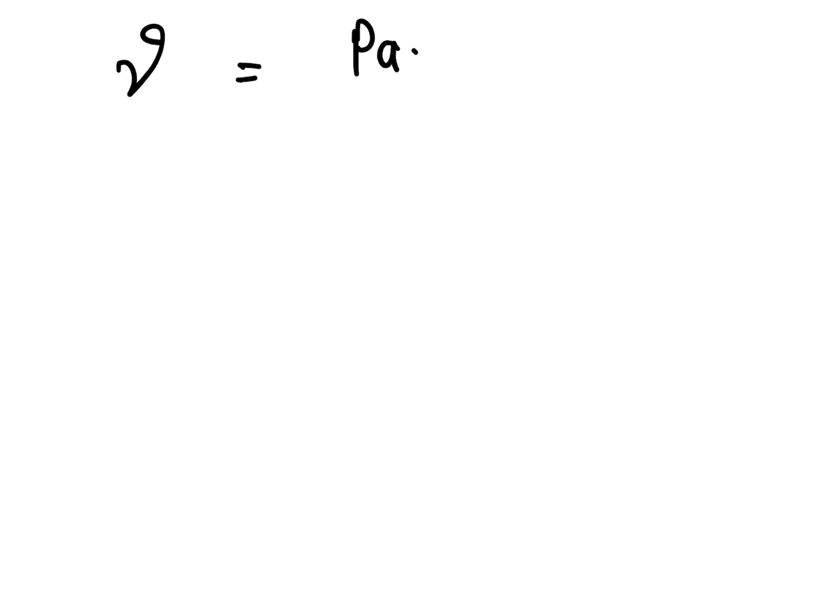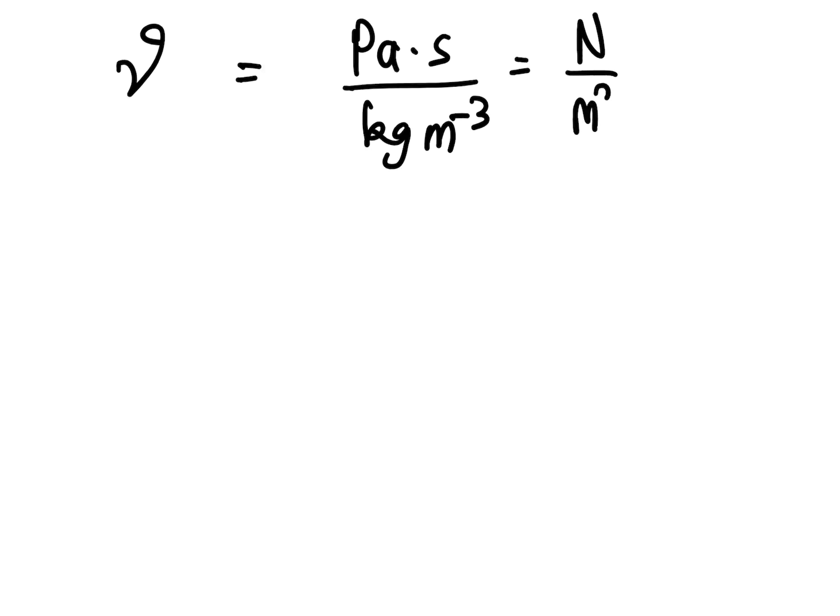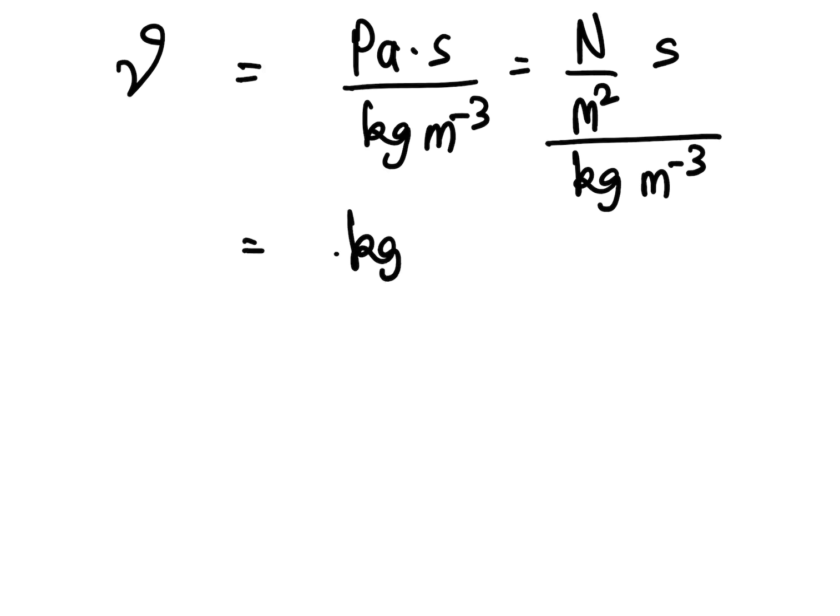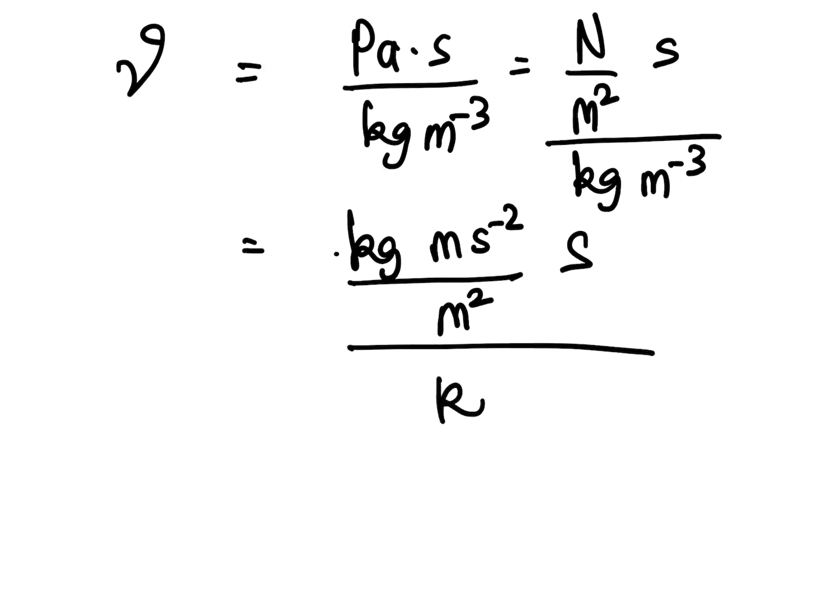Kinematic viscosity has units of Pascal second divided by kg per meter cube, and if you simplify this, it is going to be Newton per meter squared second divided by kg per meter cube, and Newton is kg meter per second squared, divided by meter squared second kg per meter cube.